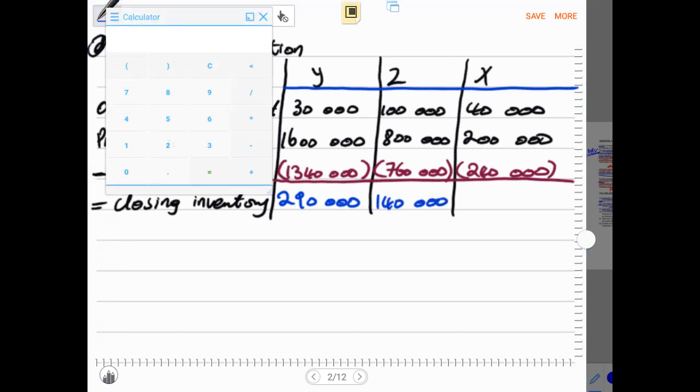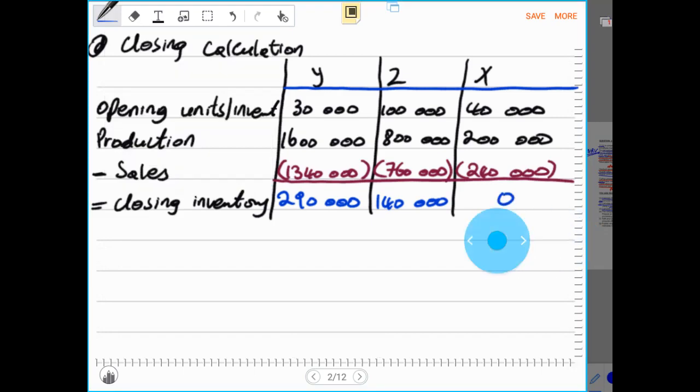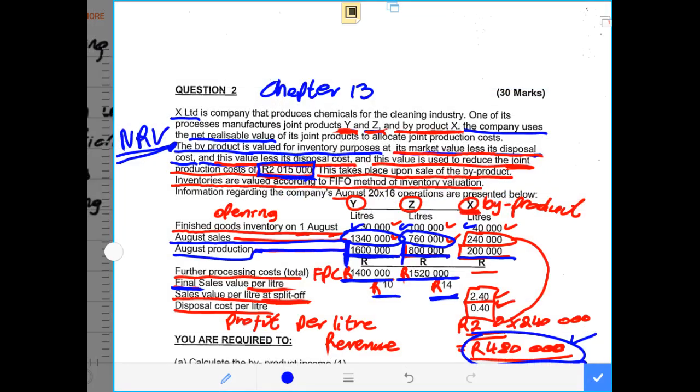Then for byproduct X, 40,000 units opening plus 200,000 units of production minus 240,000, that means there will be nothing left at the end of the period of byproduct X. Let us confirm if that is true. 40,000 opening, production is 200,000, therefore 200,000 plus opening is 240,000.